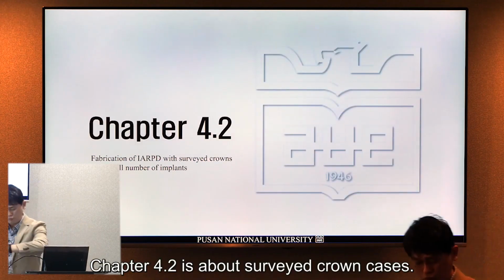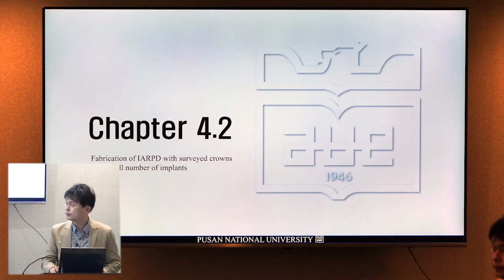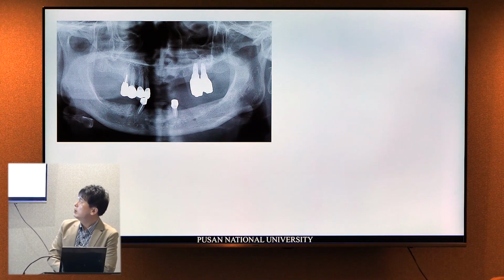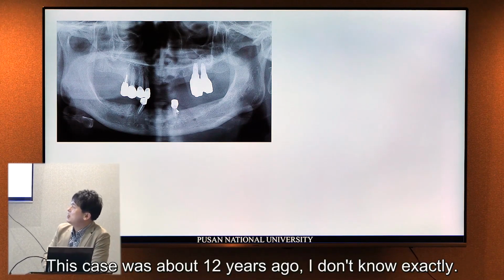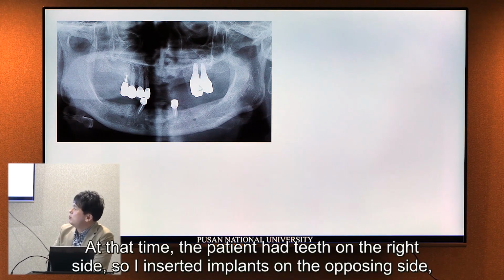Okay, chapter 2. Chapter 2 is the surveyed crown cases. This case was also about 12 years ago, I don't know exactly. At that time, the patient had teeth on the right side, this area.